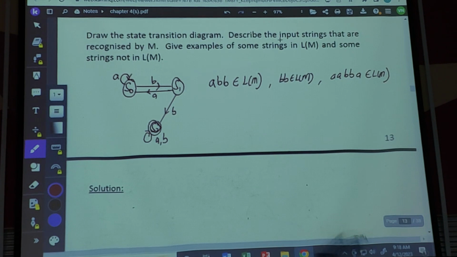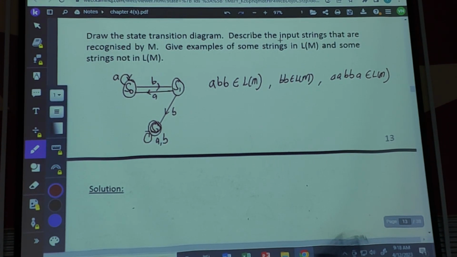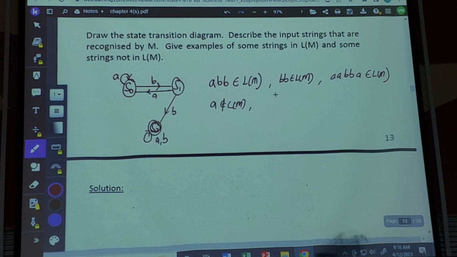Some examples that are not in LM? A. Any more? Some more not in LM?